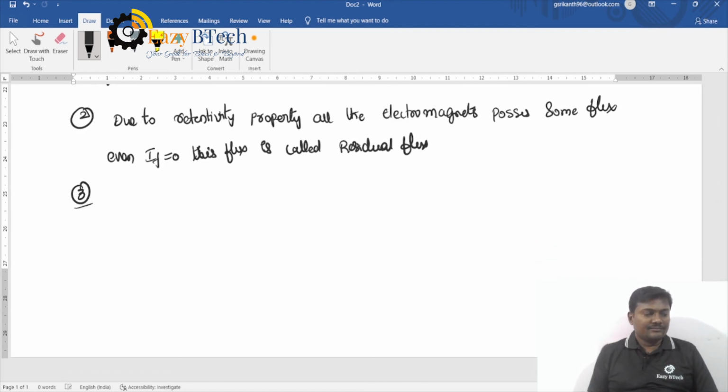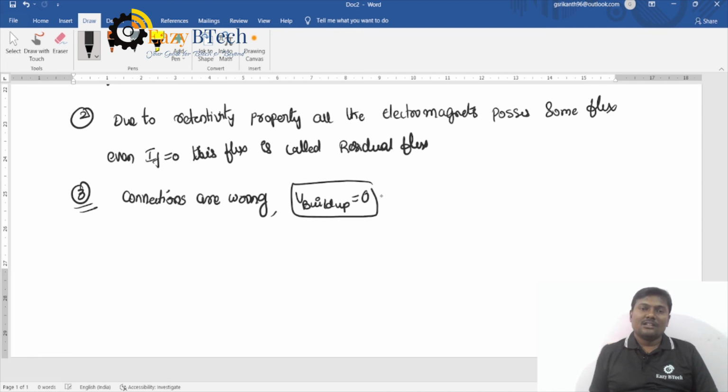If the field connections are wrongly connected, there is no buildup of voltage. The connections are wrong, so the voltage buildup is 0.